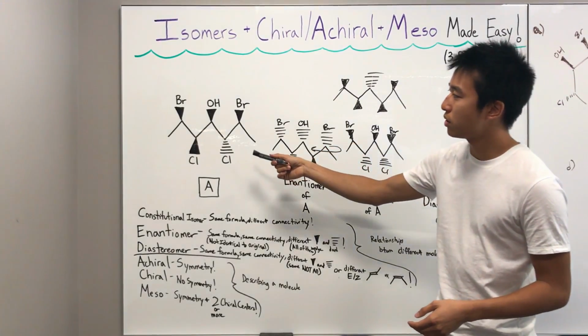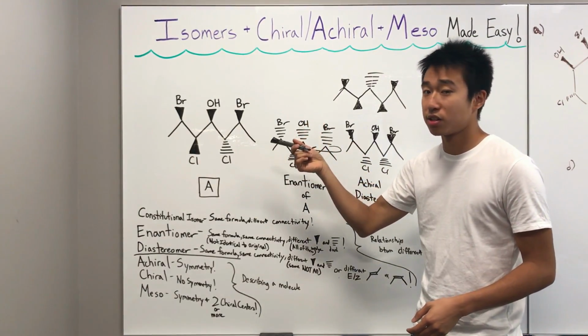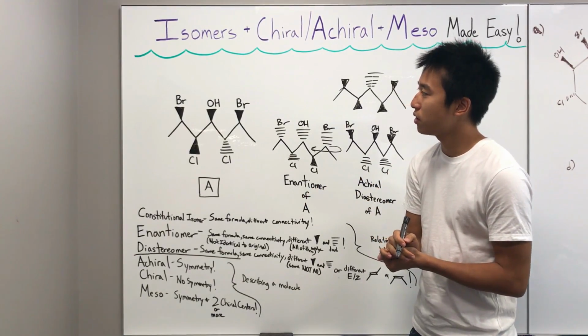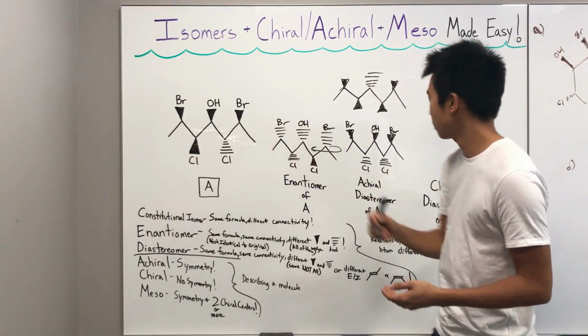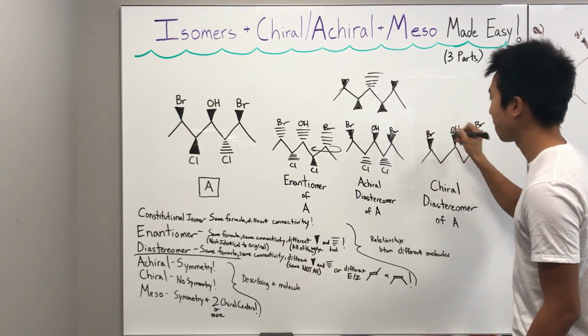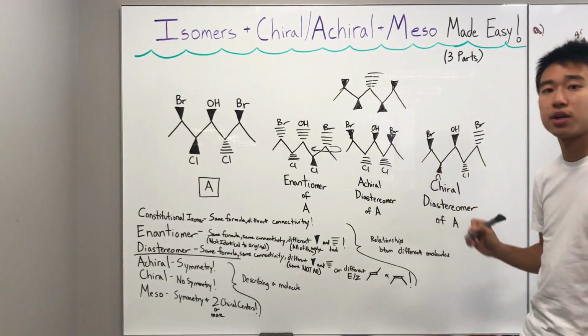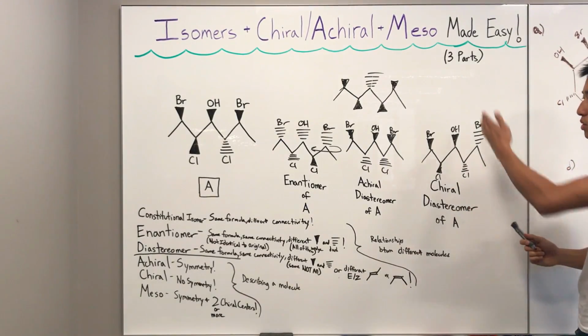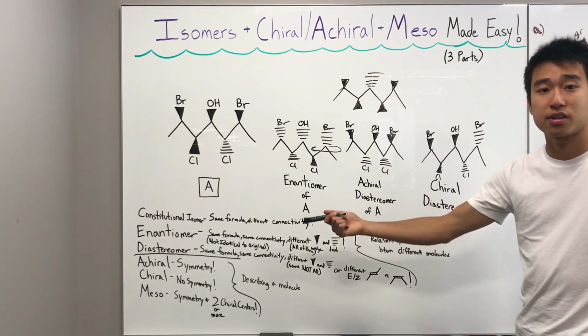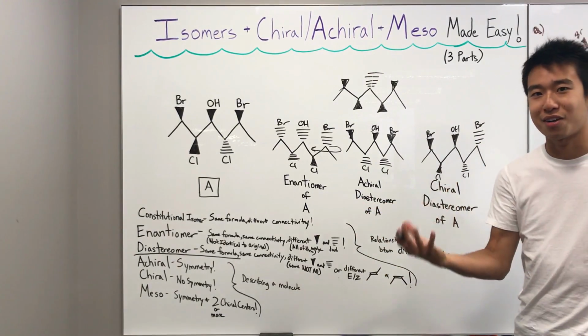So what can we do to this in terms of flipping, wedging, dashing to make a molecule that's not symmetrical? Well, you can just flip this into a dash. And here we go. See how there's no symmetry now? And you changed the wedging and dashing, so that is a diastereomer, and it is also chiral.